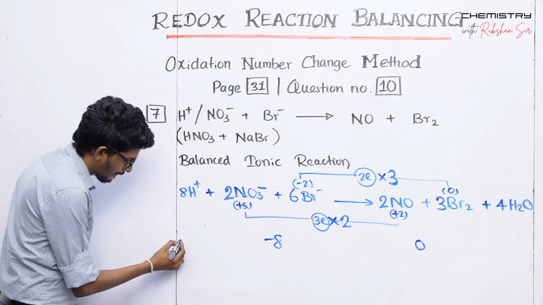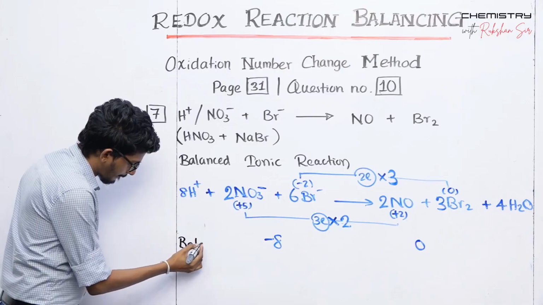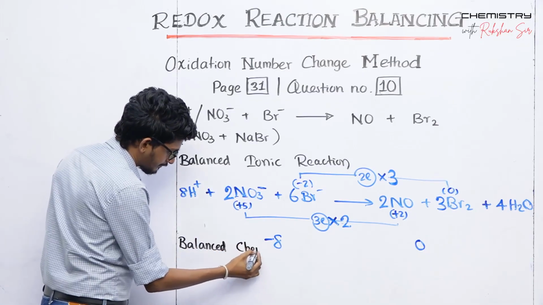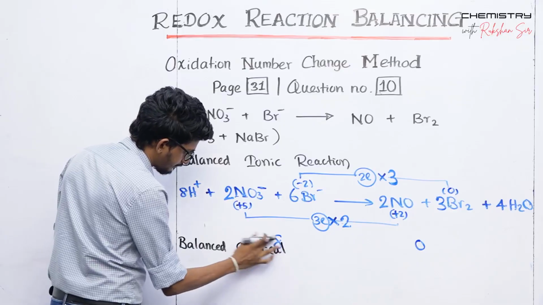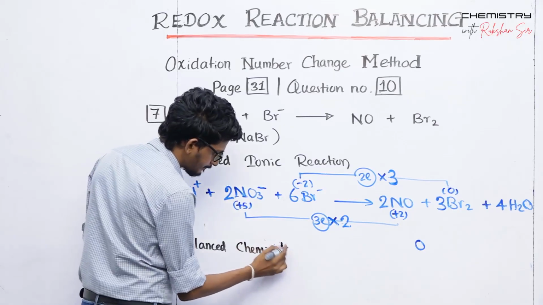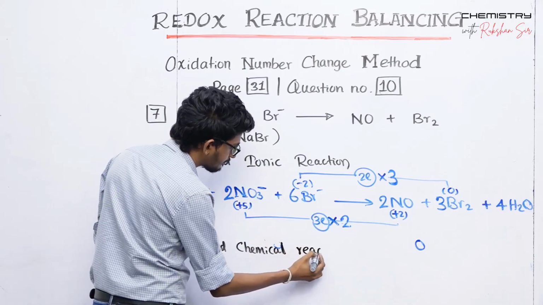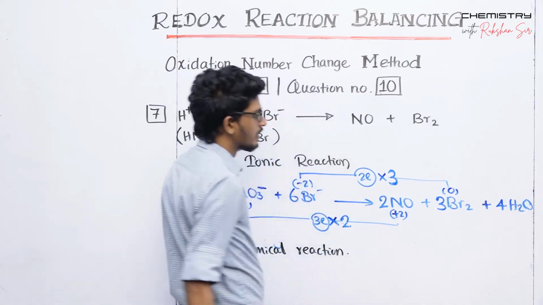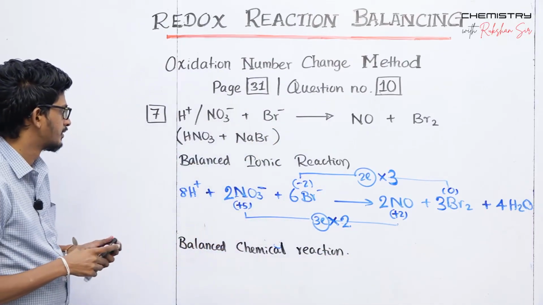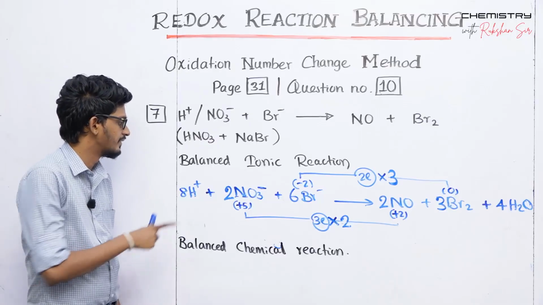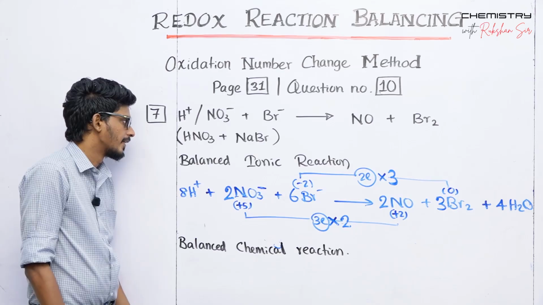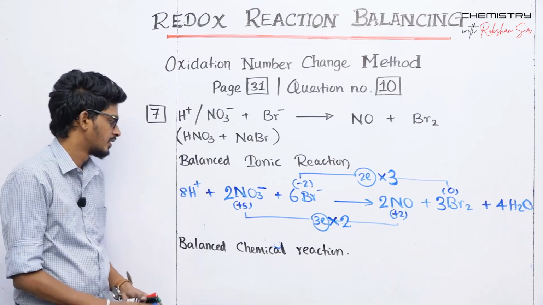Let's come up with the balanced chemical reaction. Right? So to provide the acid as well as the NO3 minuses, they had used HNO3s, right?